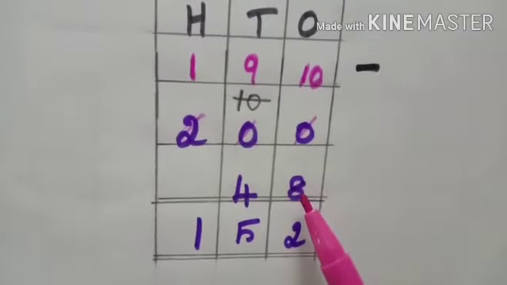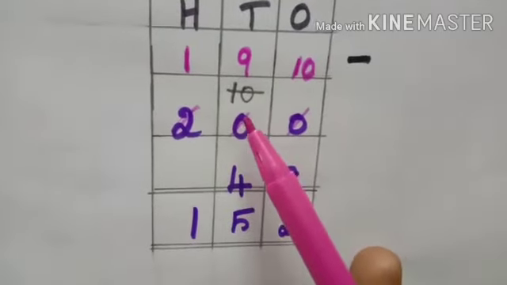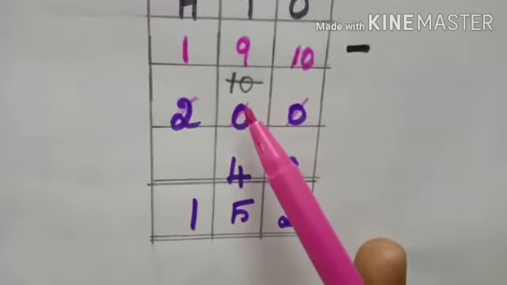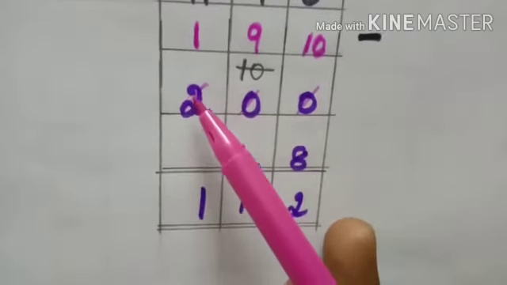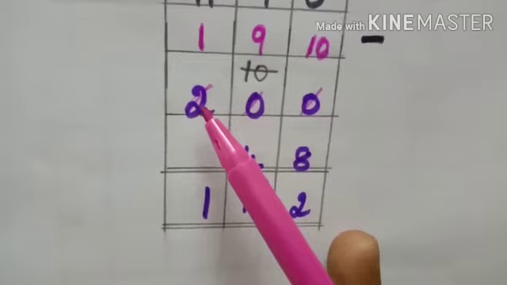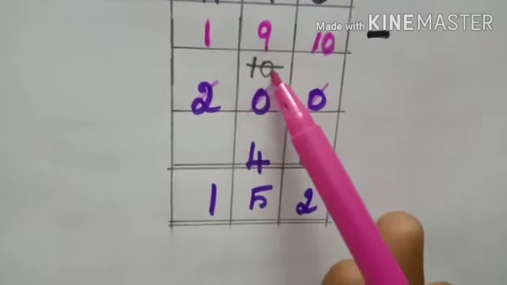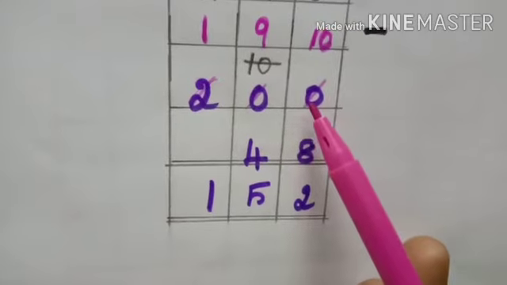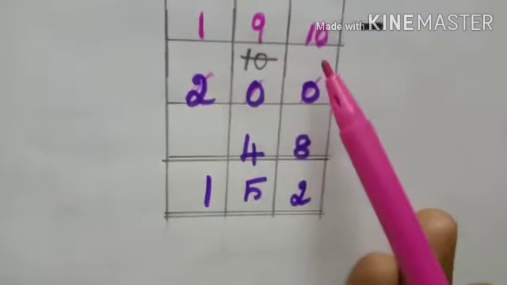We can't subtract 8 from 0, so we need to borrow from the tens place. Here the tens place is also 0, so we need to borrow from the hundreds place. So 2 becomes 1, and the tens place becomes 10. Here the ones place is 0, so we need to borrow 1 from the tens place.